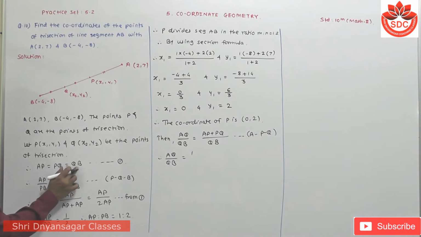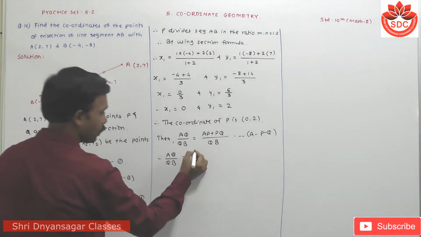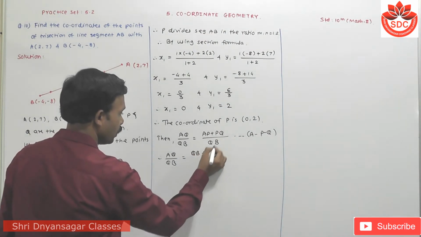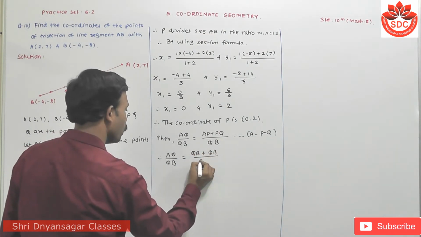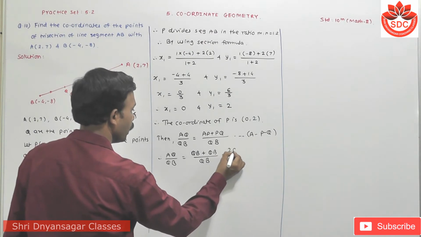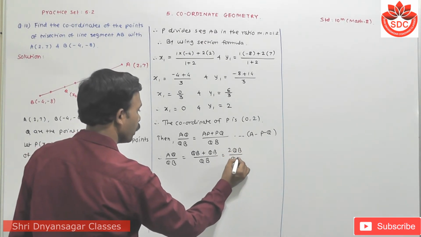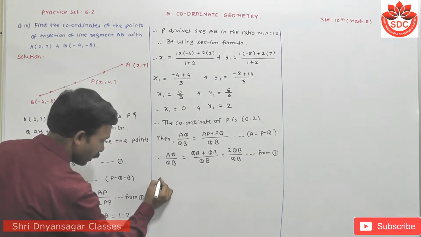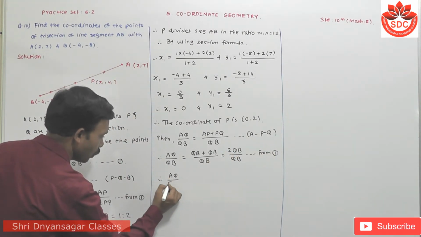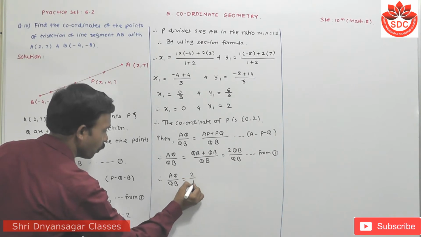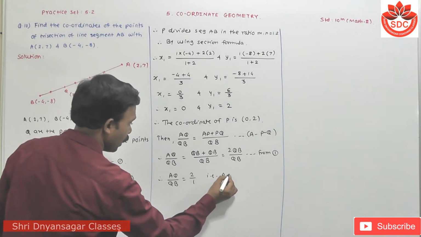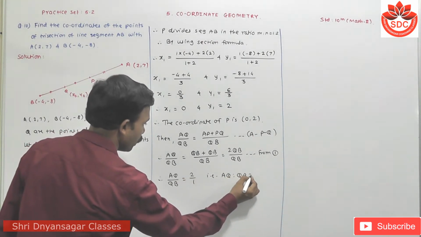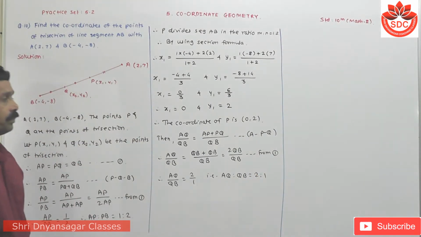AP, PQ and QB are the same, so I have to substitute the AP and PQ value as QB here. So QB plus QB upon QB. I have to add them, twice QB upon QB. From this, QB gets cancelled, which means AQ upon QB is equal to 2 upon 1. That is, AQ as to QB is equal to 2 as to 1.